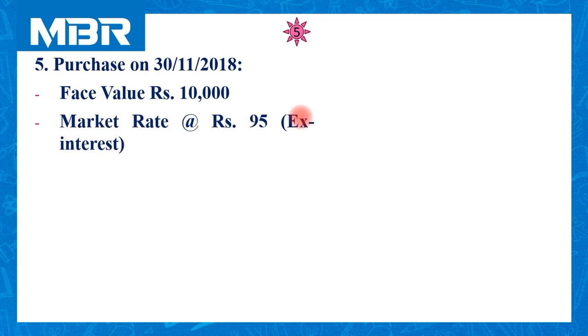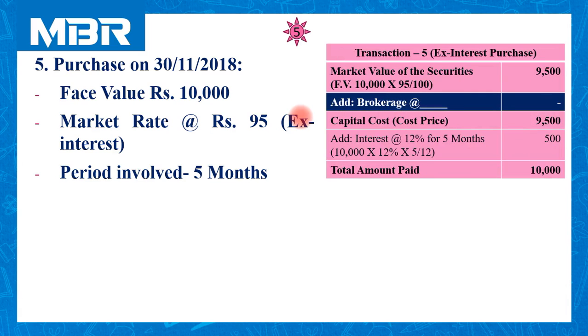The rate of purchase ex-interest is rupees 95 per 100 rupees and the period involved in this calculation is 5 months. Information of brokerage is not given. And if it is given, you are all aware what to do with the brokerage. Use the prototype calculations that we have applied earlier in many questions.